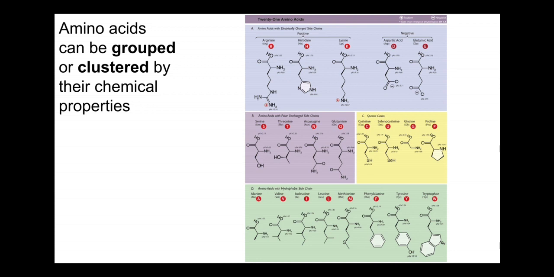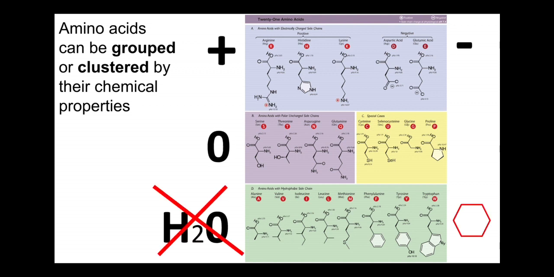Now, amino acids, there's 21 of them. There's no hierarchy, there's no nested structure, there's no natural organization. They're just macromolecules that have similarities and differences, just like many objects in nature.